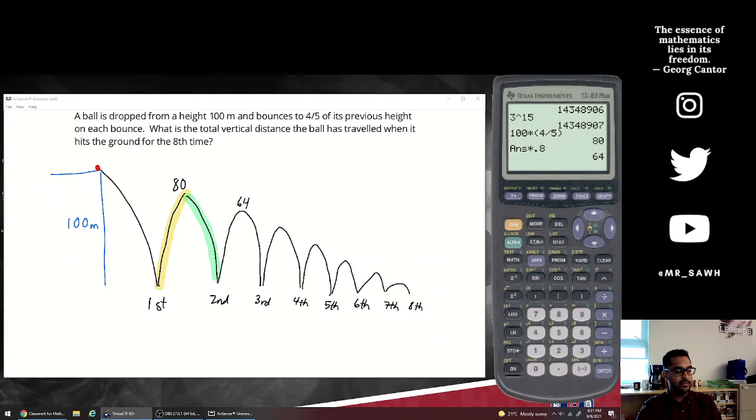So if you think about that the whole way through, even for the second bounce, it's coming down 64 meters, but it has to go up 64 meters in the first place. So there's 2 sides of this we need to think about. So highlight every direction going up in yellow, and every one coming down in green, right? So there are all the vertical distances we have to account for.